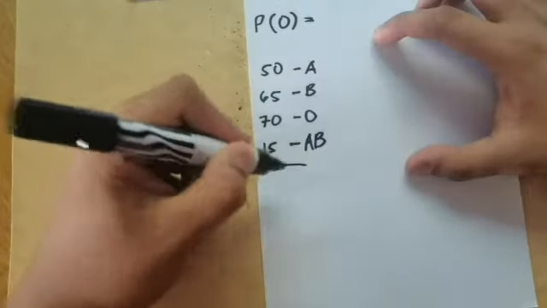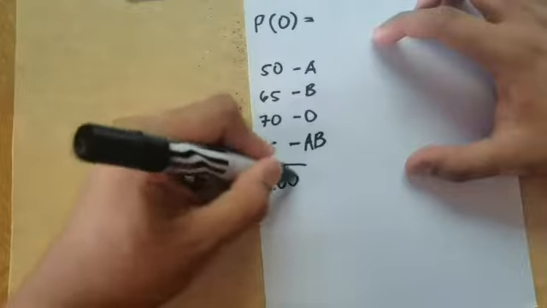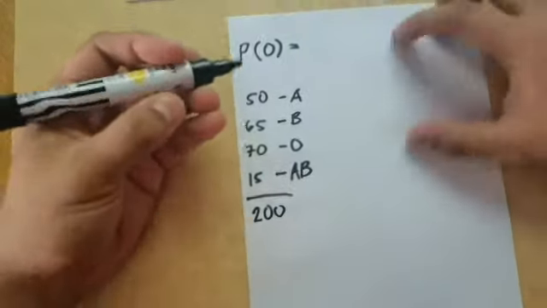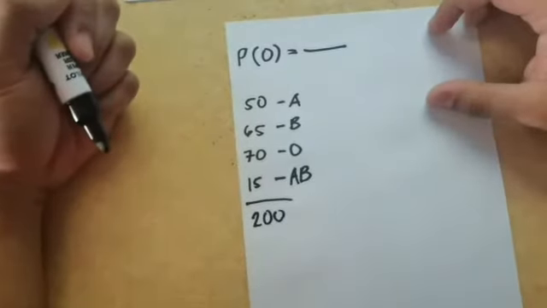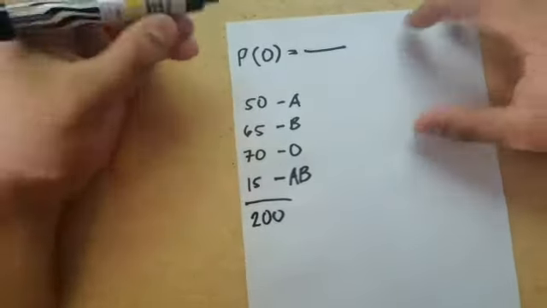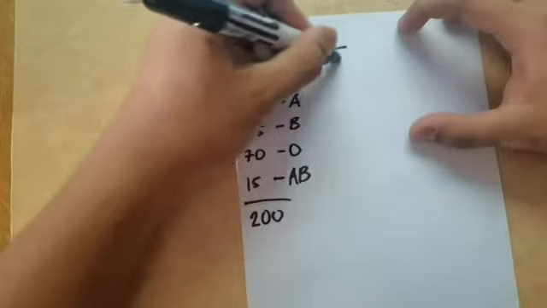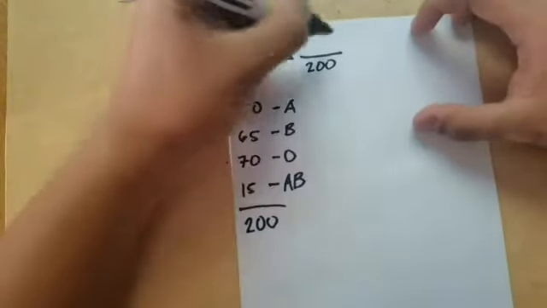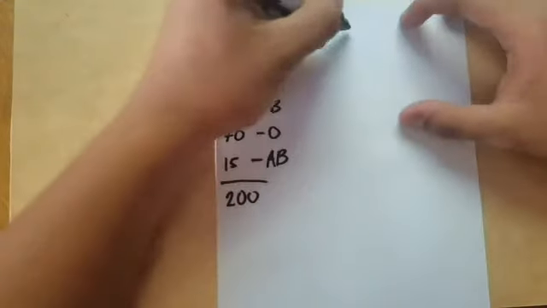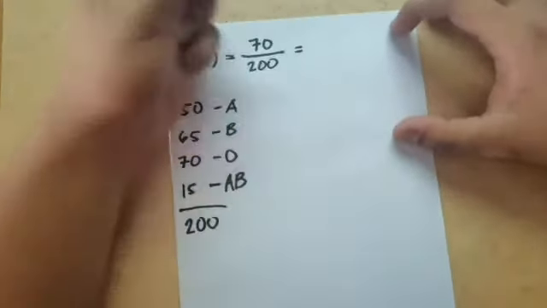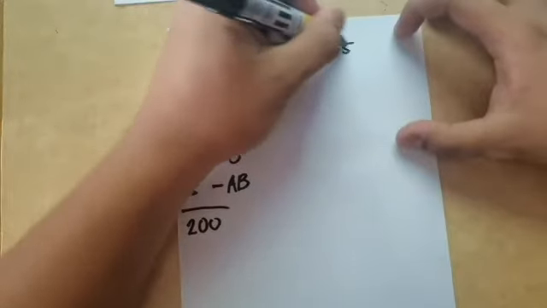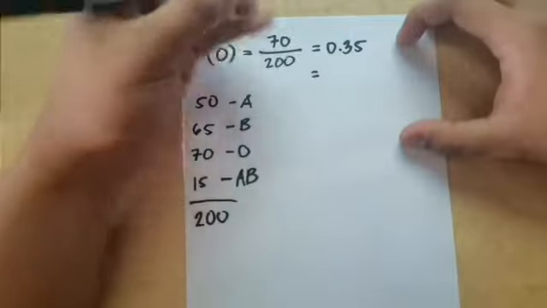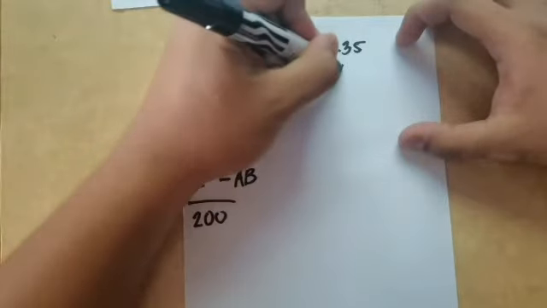A total of 200 people. So the probability of a blood type O person to be picked at random in the group of 200 people is equal to 0.35, or 35%.